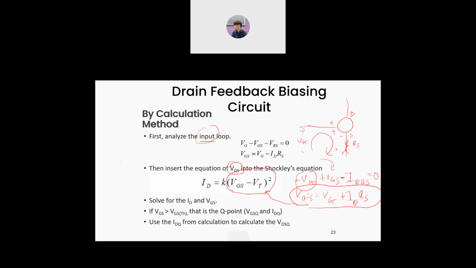Only one may be negative and one positive, but sometimes you can have two positive. When you solve this, if there is one value greater than the threshold voltage, that is your VGSQ. Then use the IDQ from the calculation to calculate your VDSQ.